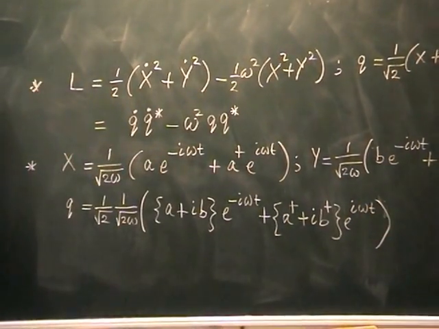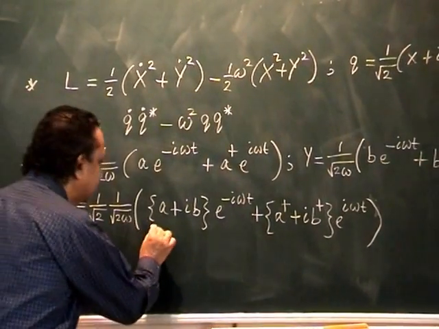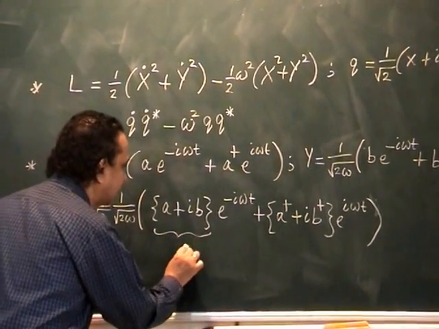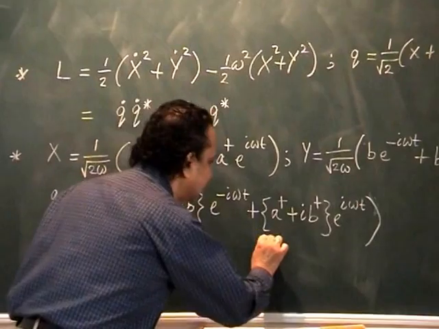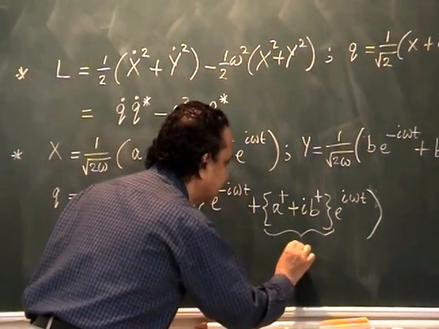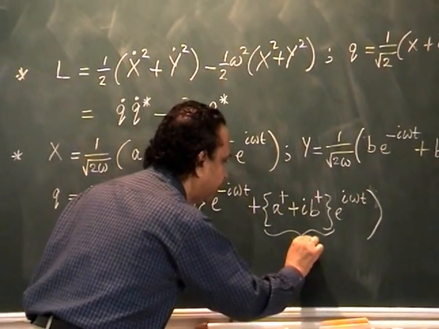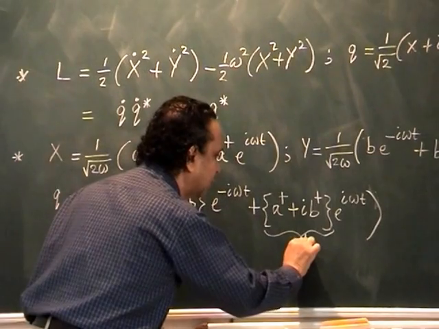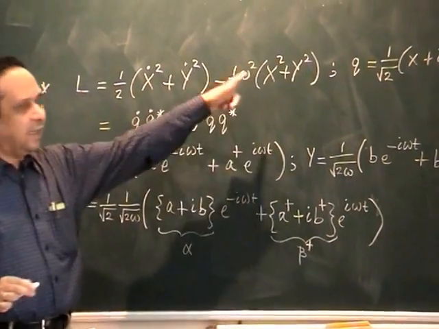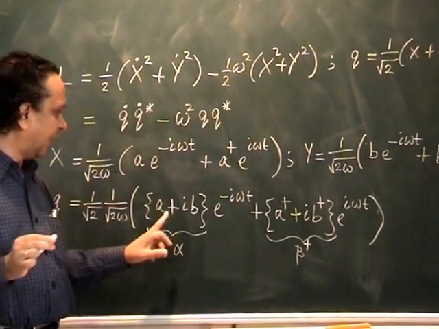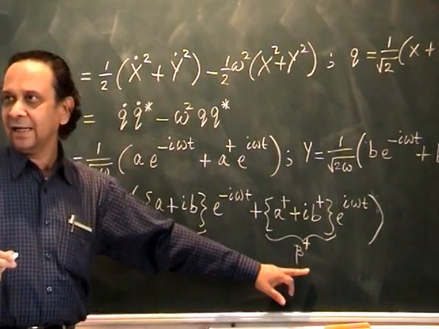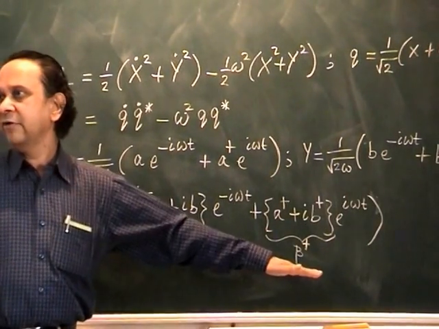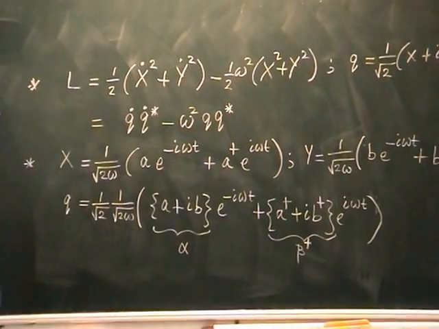Okay, so I'm going to call this operator alpha, and this operator I would like to call beta dagger. That is just a notation, because when b goes to 0 and everything becomes real, I would have liked this to be alpha plus alpha dagger. So alpha will get identified with beta. So just for notation I have introduced it.